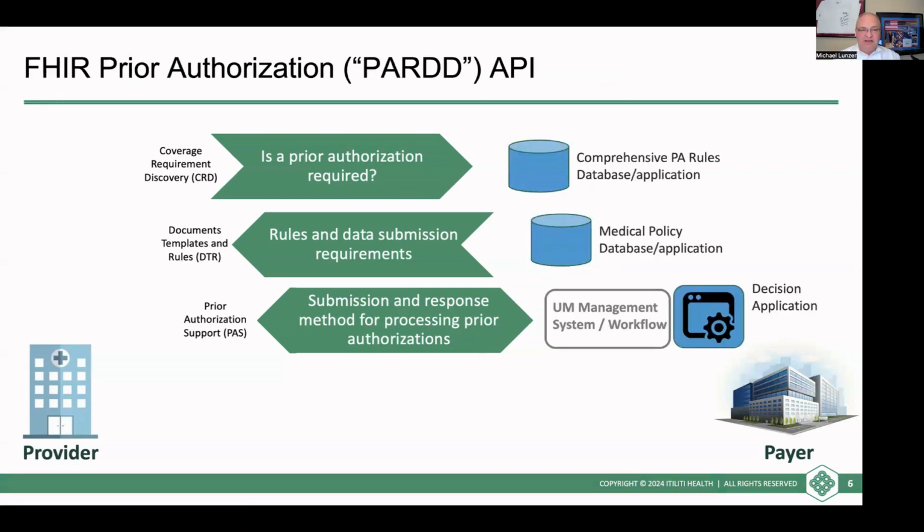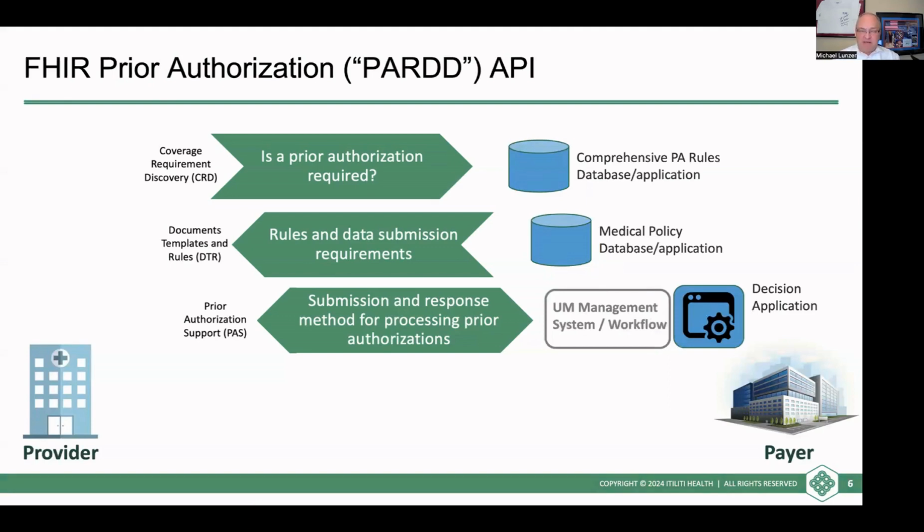So what's really going to be needed is a comprehensive rules database or application that can store the health plan prior authorization rules and answer that question from the provider's EMR.